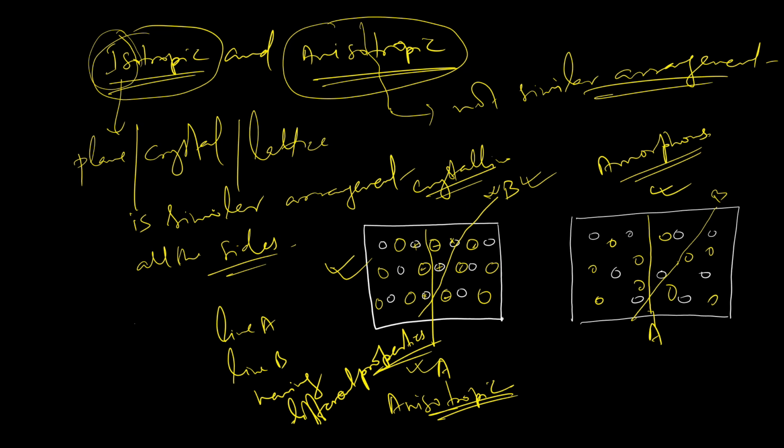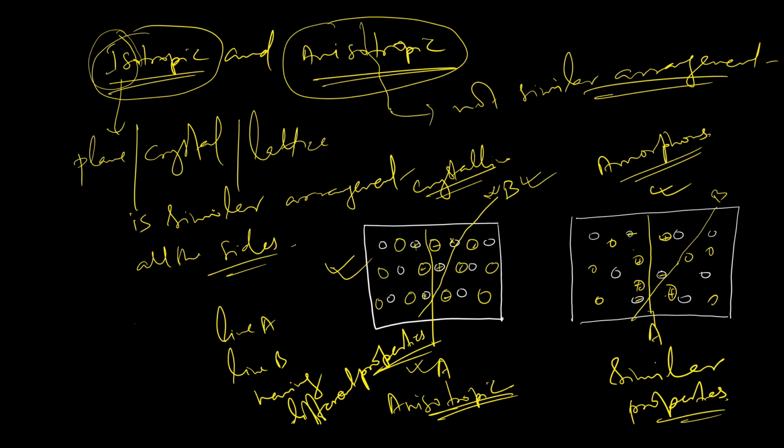But in this case, line A and line B both have similar properties. See, in line A this is negative, this one is positive, then positive, then negative. If you consider yellow as positive, this will be positive, this is negative, and again this is positive. So here it is irregular.